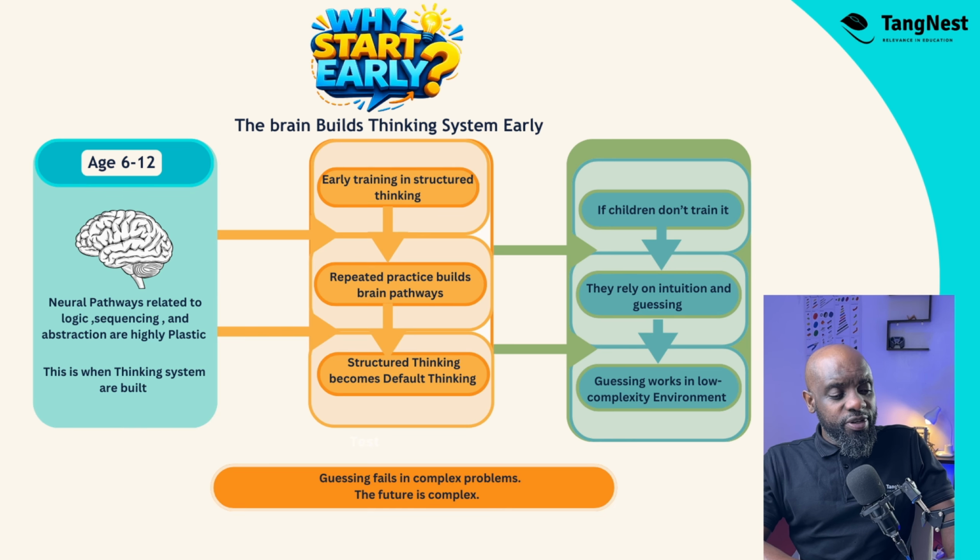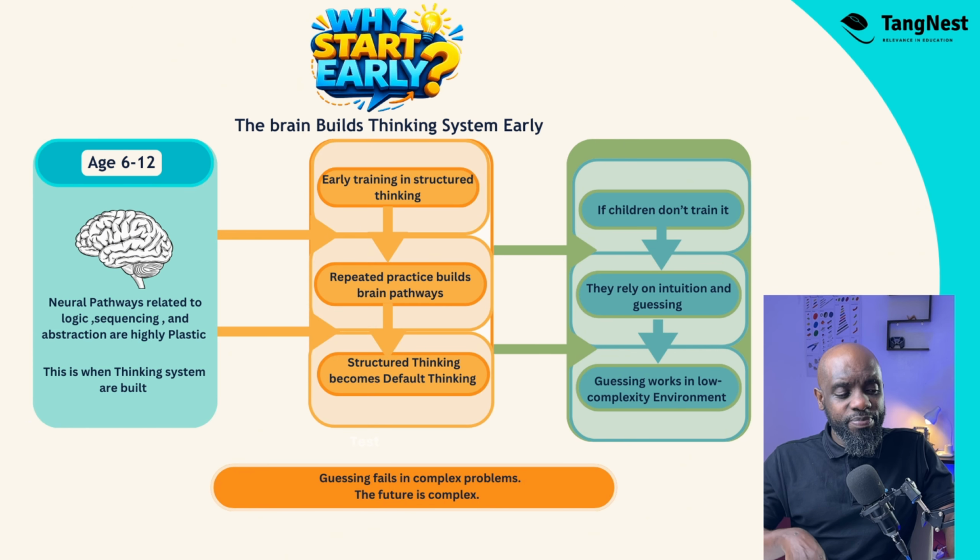According to neuroscientists, when kids are between the ages of 6 and 12, their neural pathways related to logic, sequence, and abstraction are highly plastic.